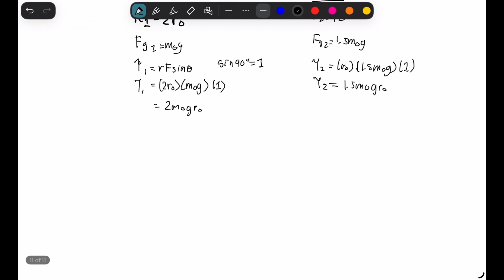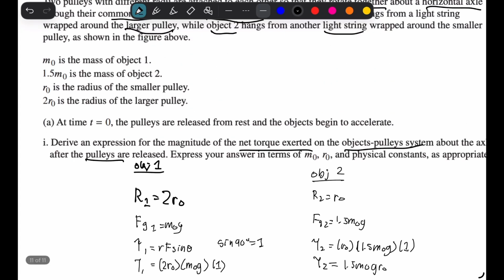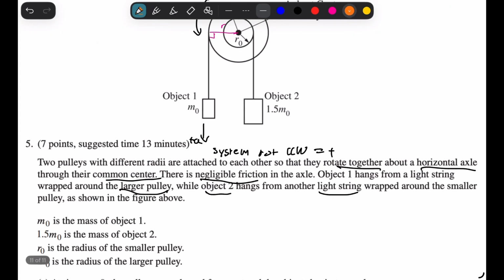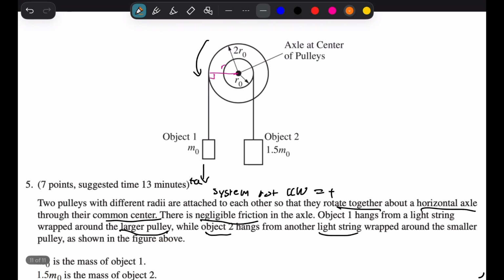So now we have to find the direction of the torques. We know that the torques are going to act in opposite rotational directions. The torque from object 1 is going to make the system go in the counterclockwise direction, but object 2 is making the system go in a clockwise direction. So they're opposing each other. This is negative, this is positive.